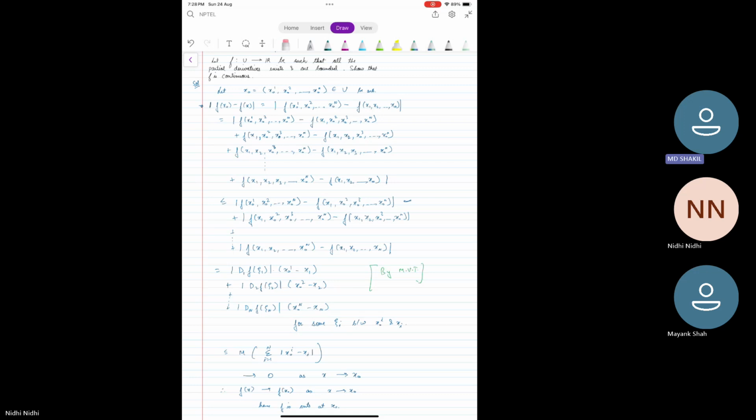Very cleverly, we actually convert an n variable function to a one variable function here. Okay, then let's move to the next question.